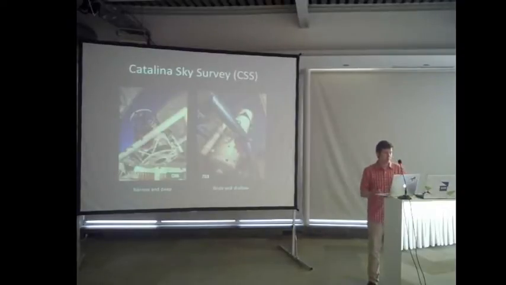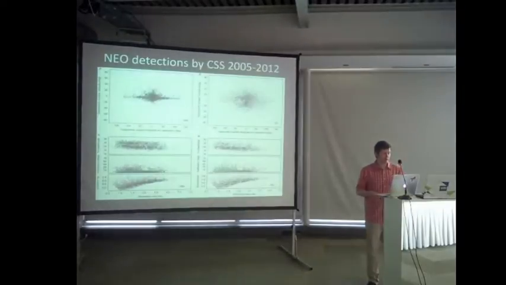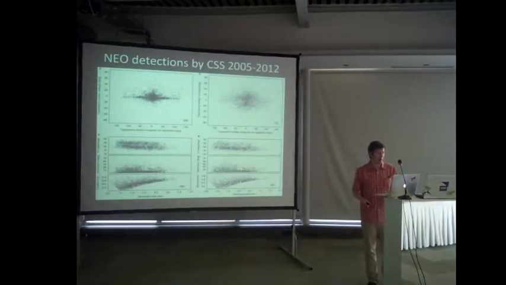For this particular project, we used the Catalina Sky Survey, which produced this data. As you may know, it includes two different kinds of telescopes. One is narrow and deep, and the other is shallow and wide. And here's the data collected during about 8 years.